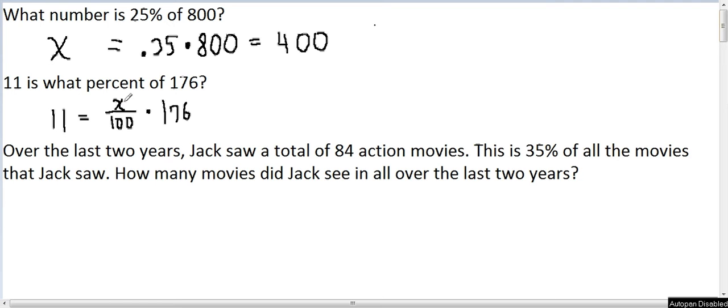When we multiply a fraction by a number like this, we can first rewrite 176 as a fraction.